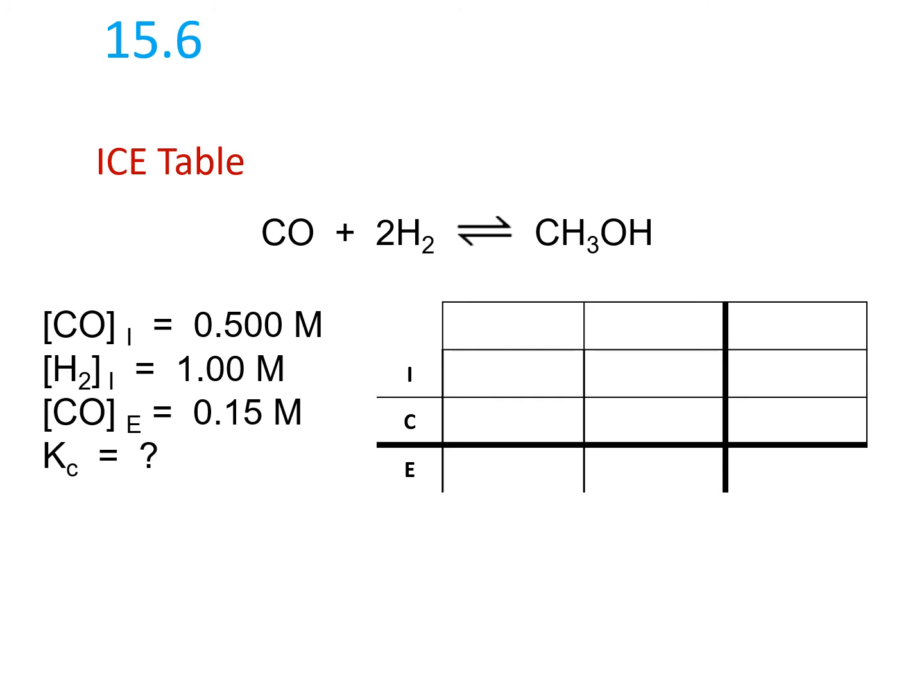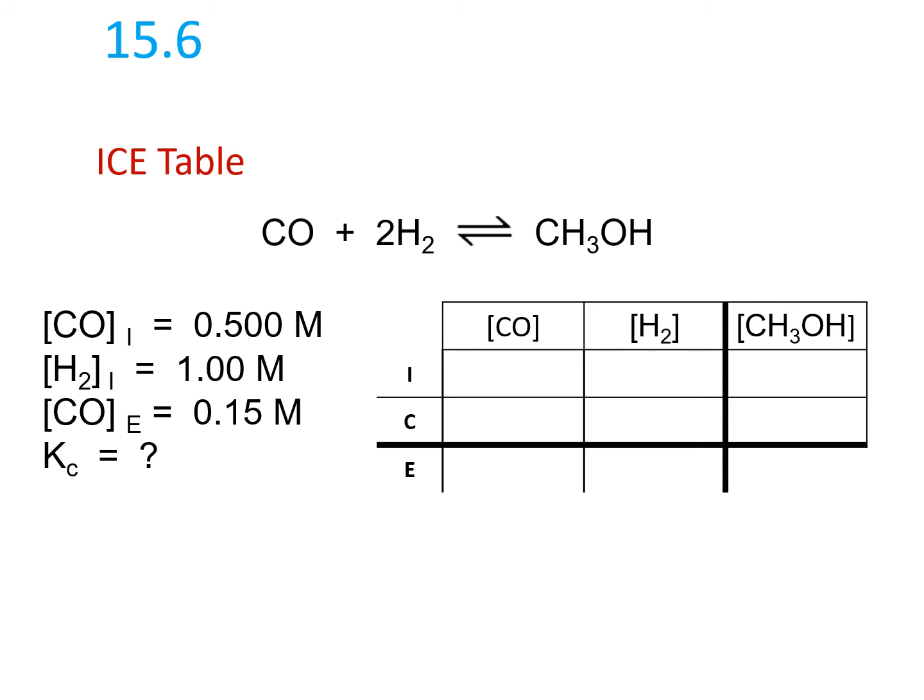The first thing we need to do is label our columns with each of our players. Here we have one of our reactants, carbon monoxide, and then here's our hydrogen gas, and in our last one we're going to have our methanol. You notice that I put a big heavy line between the reactants and the products, which helps me visually make sure I'm doing all the math right.